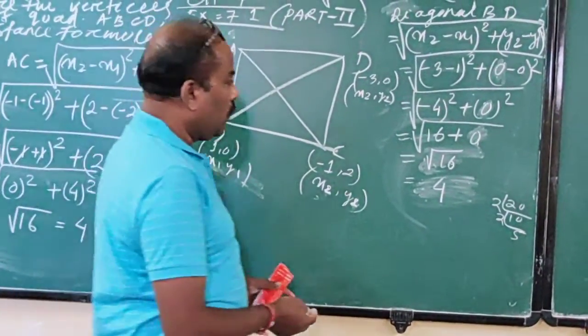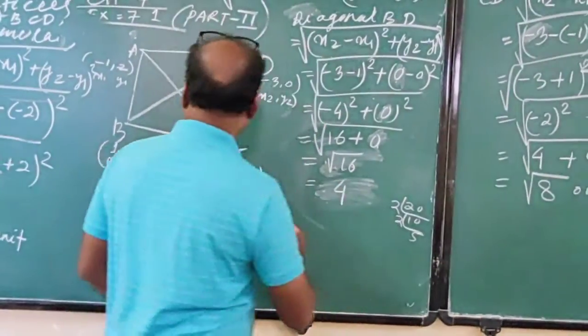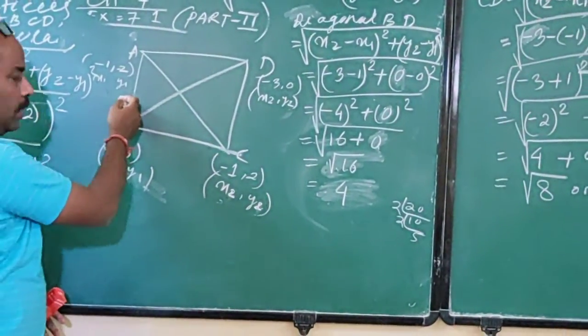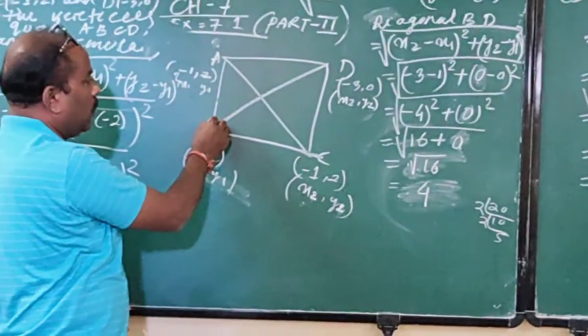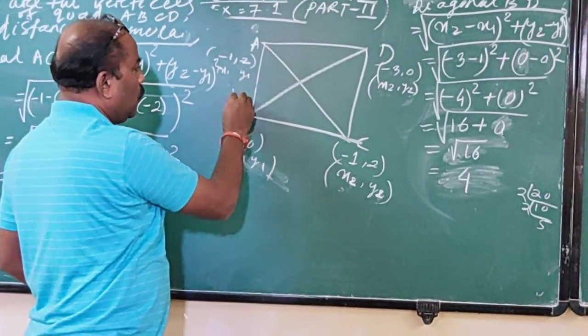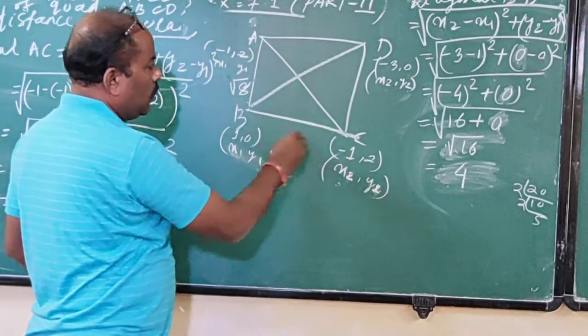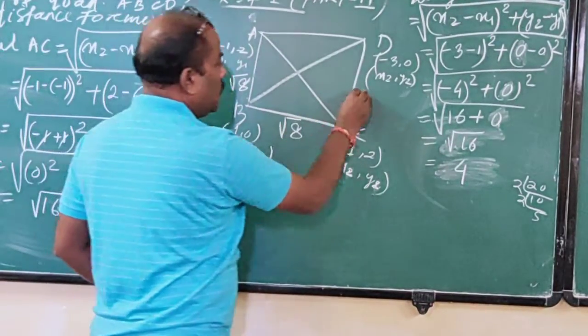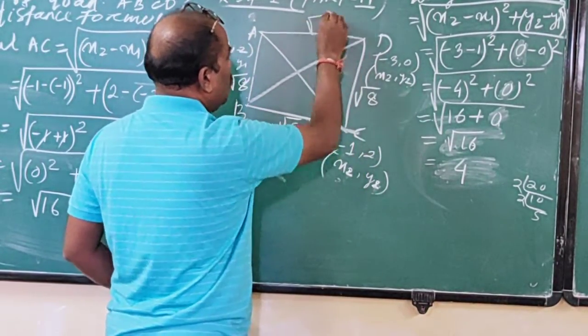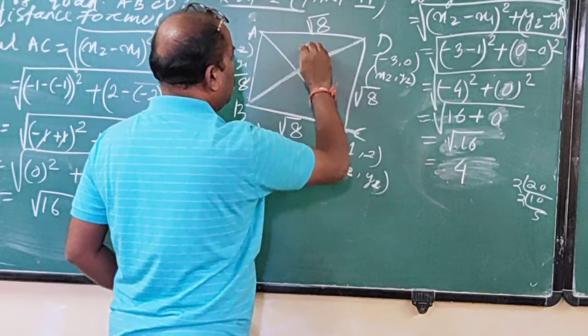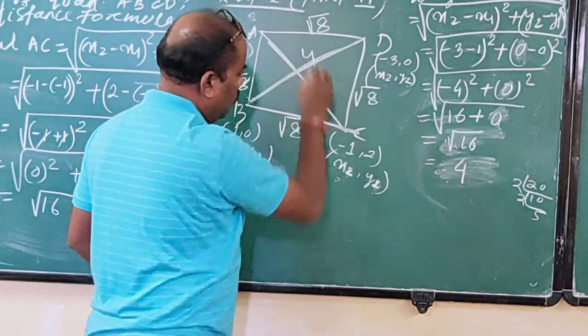So what we got finally, I am just representing here. Are you clear? AB how much we have got? Root 8. BC how much? Root 8. This is root 8 and this is also root 8, and this one is 4 and this one is 4.